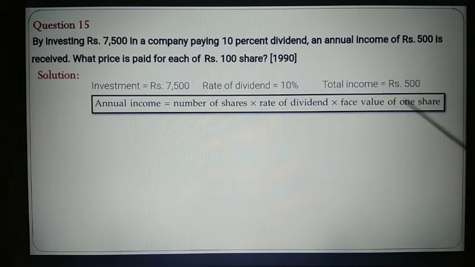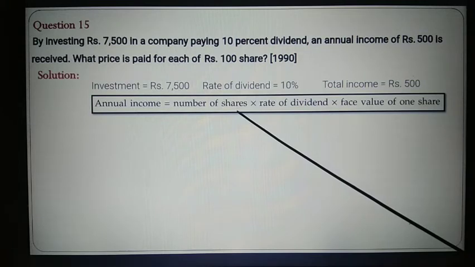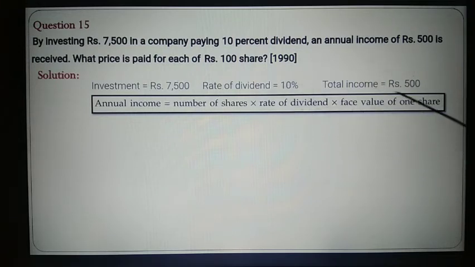This is the face value of one share, and if you multiply the face value of one share by the number of shares, then you will get the total face value.